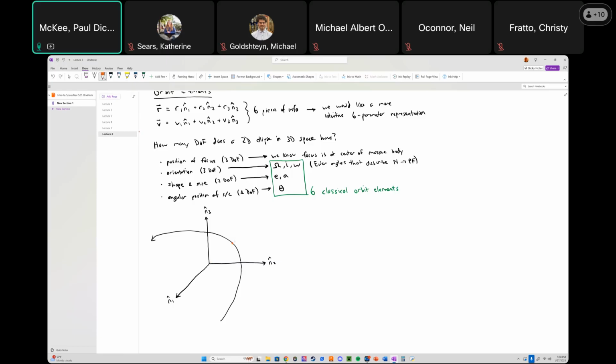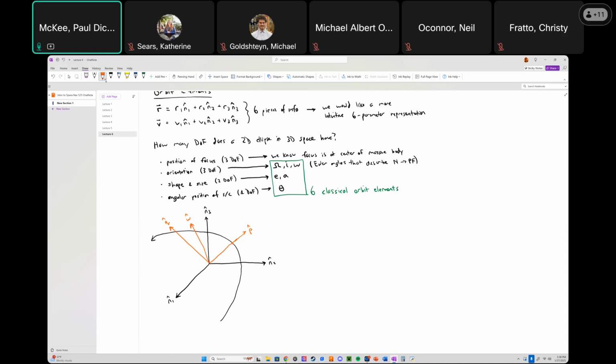This is the P direction. I should probably start it in the middle. That's the point of closest approach. Then we know that the Q direction points out this way. And then the W direction is this way. This is meant to be a 3D plot. W is perpendicular to Q and P. P and Q have no specific relationship to N1, N2, and N3. So I'm trying to show two different sets of X, Y, Z. Hopefully that makes some sense.